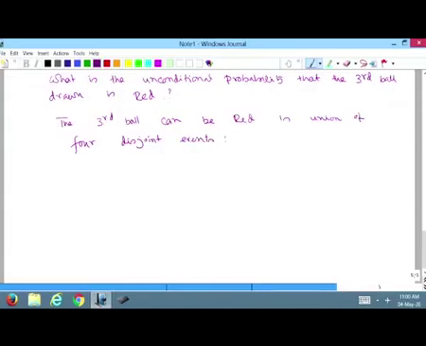What are they? First one is red, second one is red, and third one is red. Union, first one is red, second one is green, and then third one is red. Union, first one is green, second one is red, and third one is red.